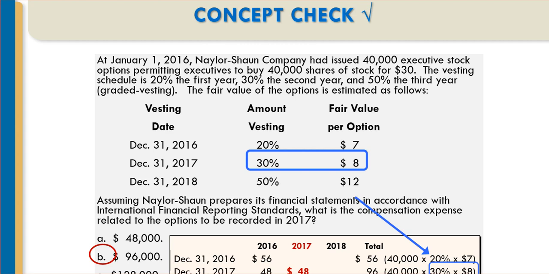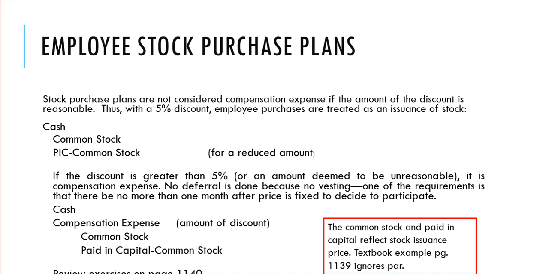And the amount in 2017 should not be the 96 if we were doing it according to GAAP. It would be C, I believe, is 128. So I will never, by the way, ask you about IFRS. I put this up here because I wanted to work through another problem where we have tranching.